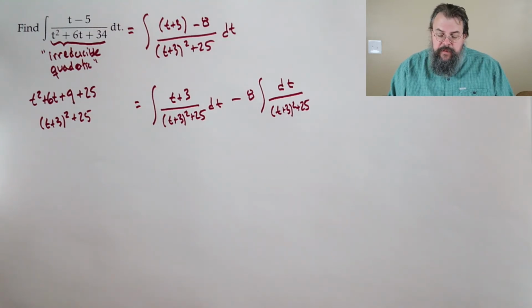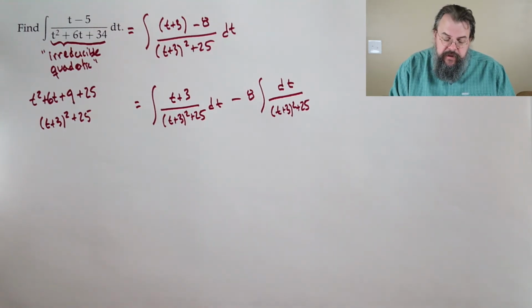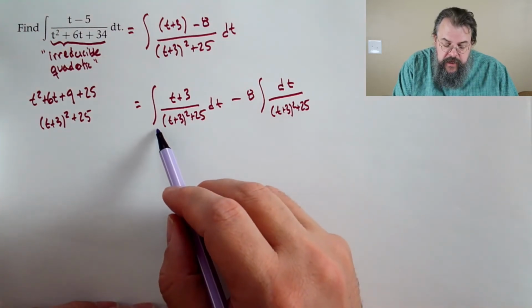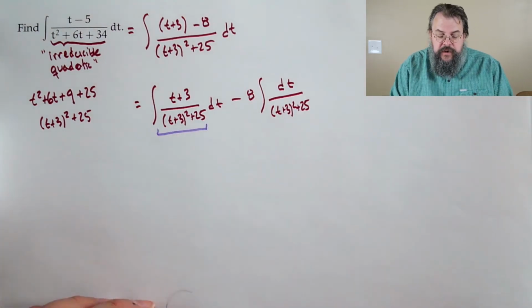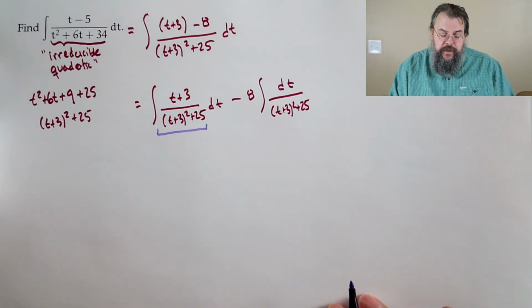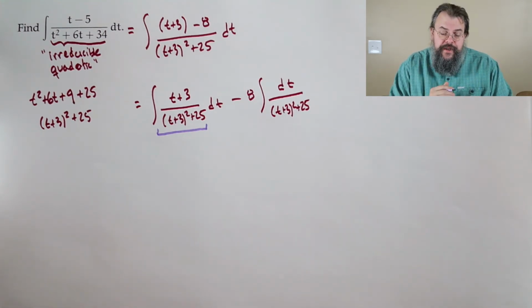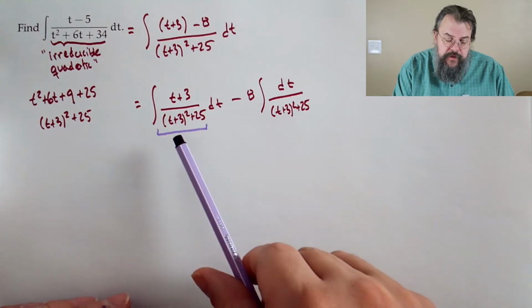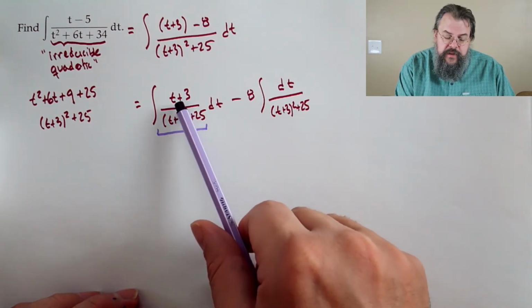So let's talk about the first one. If you look at this first integral, what's a good thing to do? Well, what I see here is a (t+3)^2, and upstairs I see a t+3.